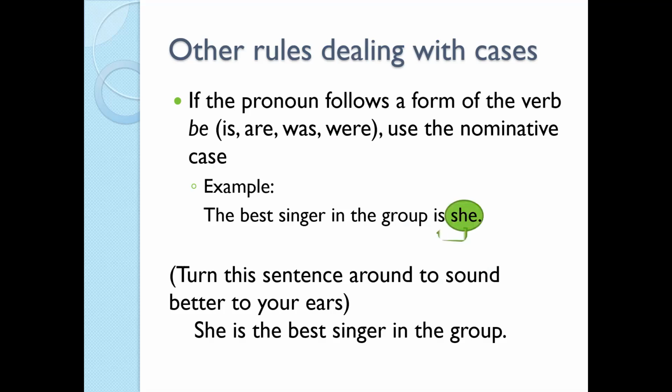Is is a be verb. The rule says a nominative pronoun must follow the be verb. There's no option about it. Is is a be verb, nominative case follows it. If you want to turn it around and make it sound right to your ears, that's okay. She is the best singer in the group. But again, don't go with what sounds right to your ears, because a lot of us have grown up around incorrect grammar and it sounds correct to us.